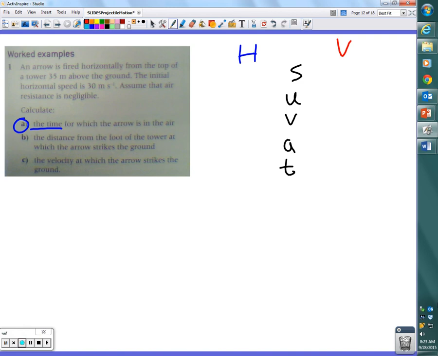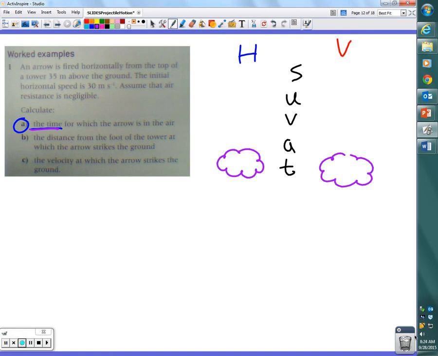All right? Good with that? People that were here on Friday, does that sound right? All right, here, it's asking us to solve for the time. We said that time was unique in this chart because it's the only one that has to be the same both horizontally and vertically, because those motions are occurring simultaneously.